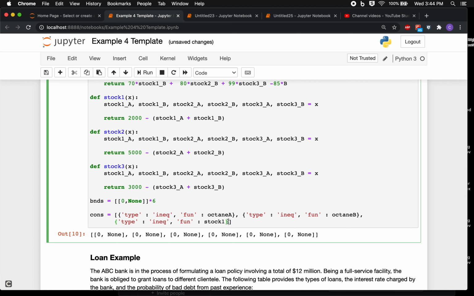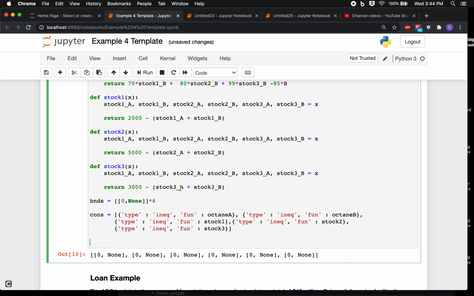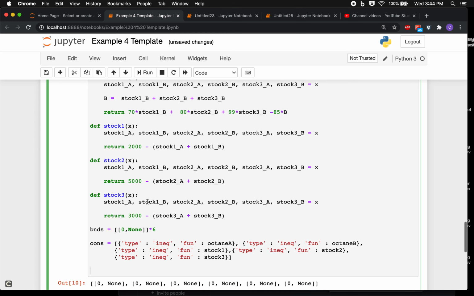Then my second one is stock 2, and let's create a new line. Then our next one is stock 3. So these are our constraints, where we have 5 different functional constraints. In addition, we have non-negative values on our decision variables.